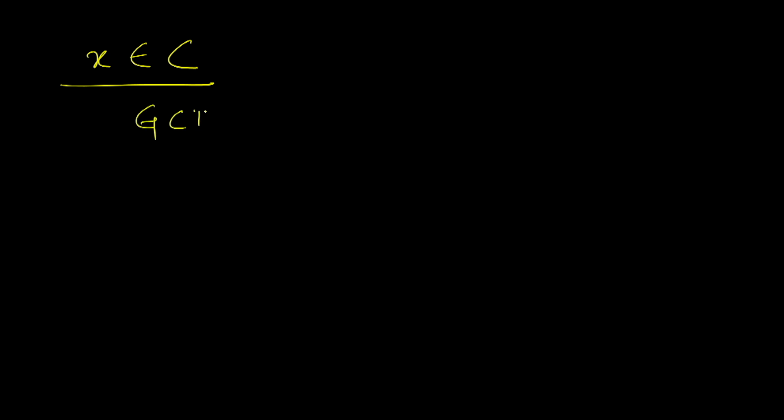Then GCD of X and mn is 1 by definition. So X does not divide m and n. There is no common factor between X and mn.